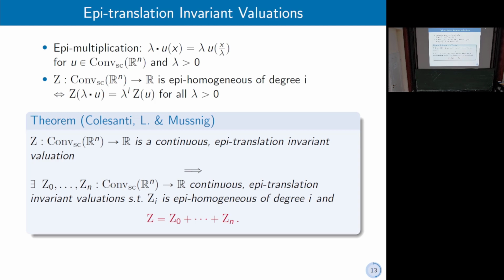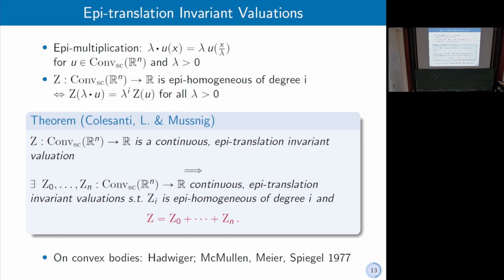This means if you want to give a classification, you only have to look at the i-homogeneous parts. And this corresponds to a result on convex bodies that was first stated and proved in a special case by Hadwiger and by McMullen; Meyer, Spiegel, 1977, there are proofs of this in full generality. And our result is based on this result by these authors.